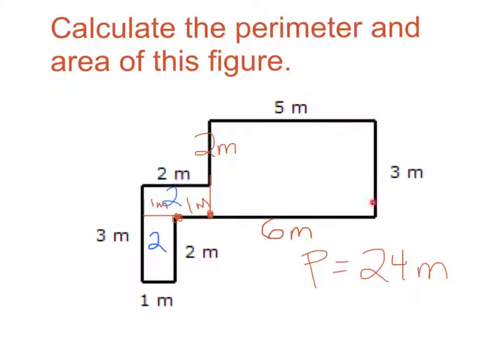This rectangle is a 5 by 3, giving us an area of 15 square meters. So, to find the total area, we would have 15 square meters plus 2 square meters plus 2 square meters, giving us an area of 19 meters squared.